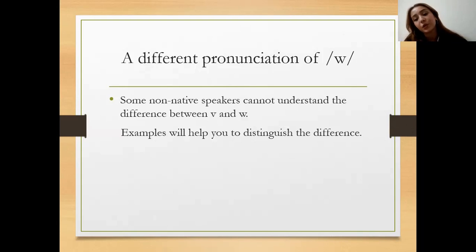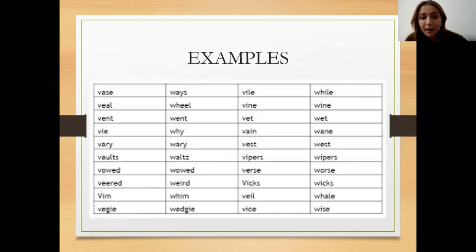Examples will help you distinguish the difference. Examples: ways, ways, real, real, and wane, wane, whale, whale. You can read other examples or you can watch videos to understand the difference perfectly.